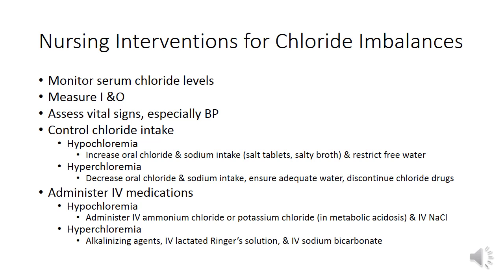Implement the healthcare provider orders to treat the underlying cause of the imbalance. These orders may include oral or IV fluid administration, oral or IV sodium administration, fluid restrictions, and medication administration.